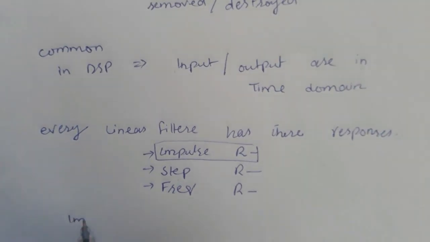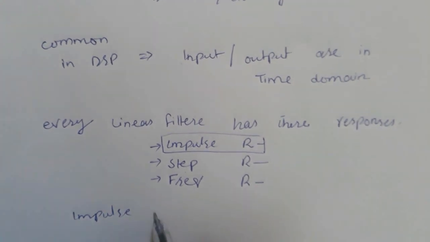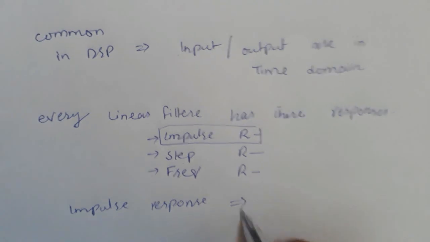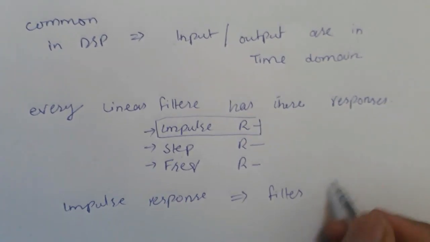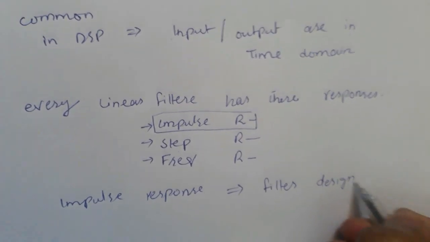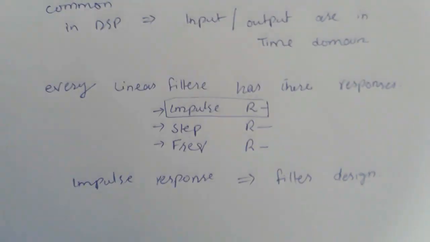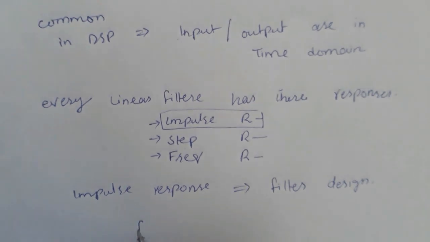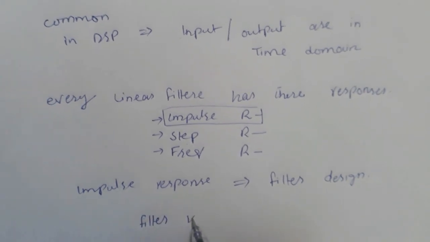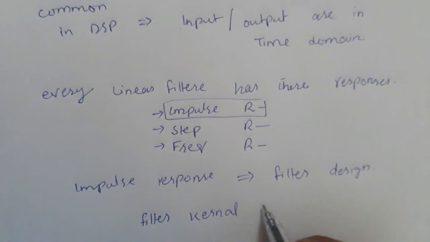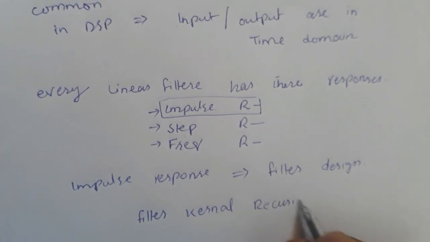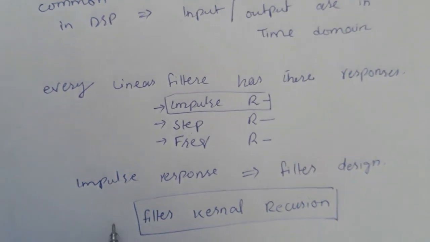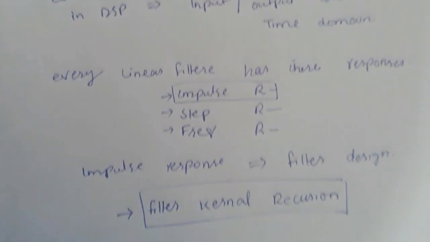When impulse response is used in a filter design, then the designer calls it by a special name, which is the filter kernel. This is the special name which the designer gave it.